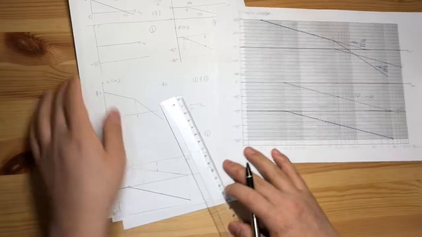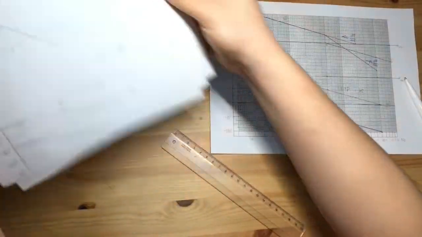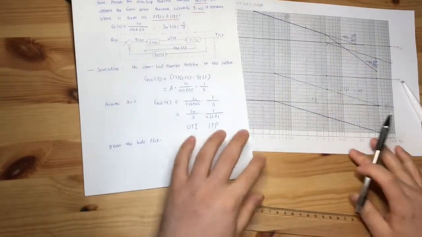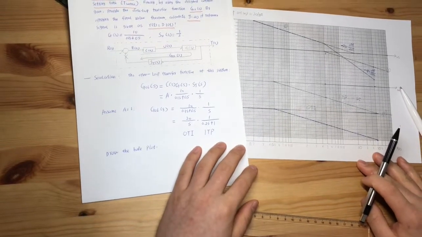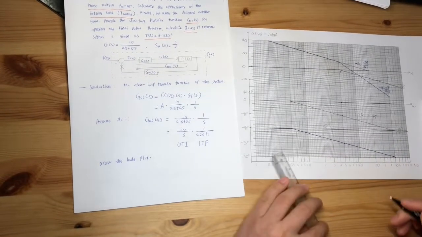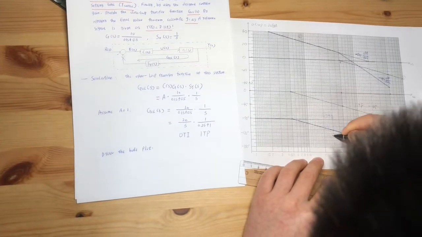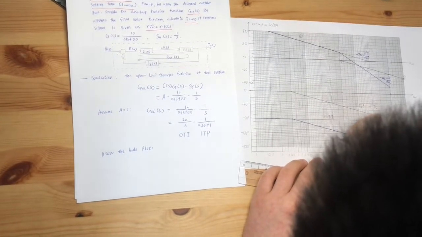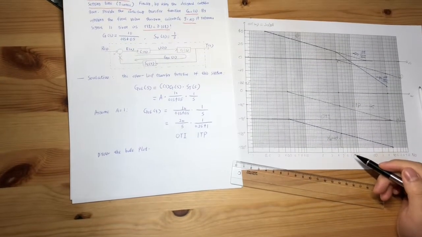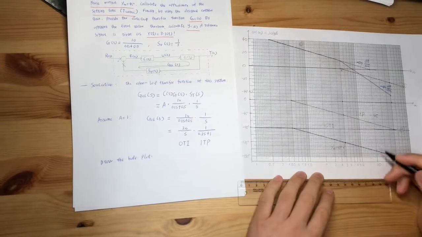and let's go back to the questions. With the phase margin phi m equal to 45 degrees, the phase margin is the distance from minus 180.